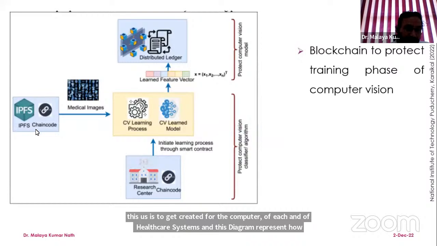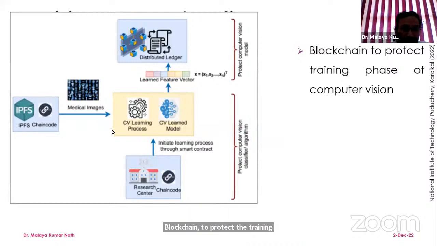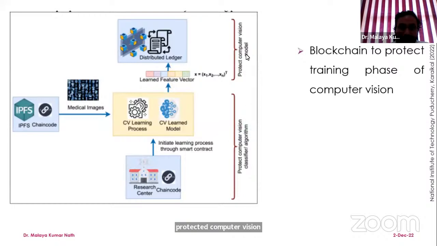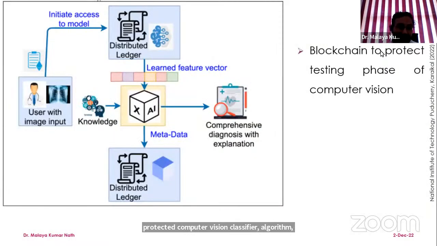So this is the IPFS chain code. This is the medical image. This is the computer vision learning process, and the computer vision model is present. So this total model consists of a protected computer vision classifier algorithm as well as a protected computer vision model. In the case of testing phases, this is how blockchain is used for testing a particular image. Suppose an unknown image is given, this initiates access to the model. The distributed ledger is there and a learned feature vector is generated.